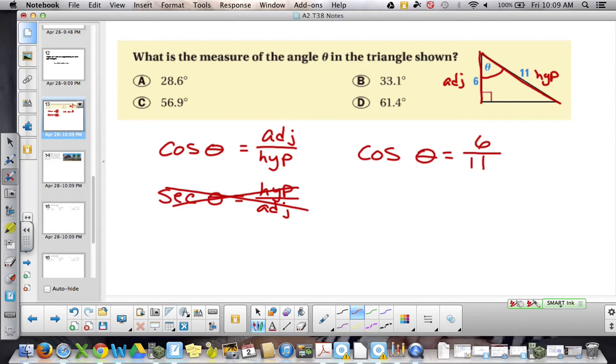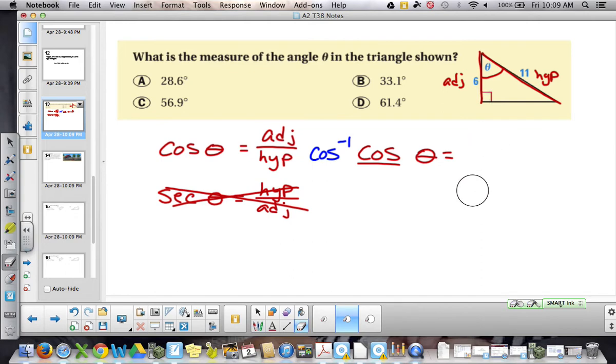All right, so what we want to do is we want to get rid of this cosine. Now, we can't divide by cosine. There is no dividing by a trig ratio. But what we can do is we can take the cosine inverse of each side. So if we take the cosine inverse of the cosine, those cancel each other out.